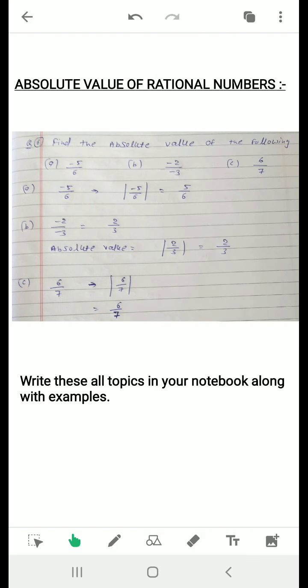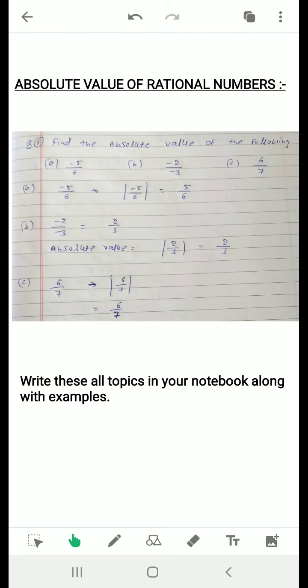Then the last topic in this video is the absolute value of a rational number. Now again recall the topic, absolute value of integers. This is the symbol of absolute value. If there is a negative rational number, then the answer will be positive, and if it is positive, then also the answer will be positive only.